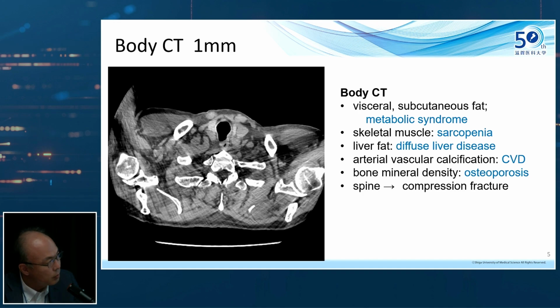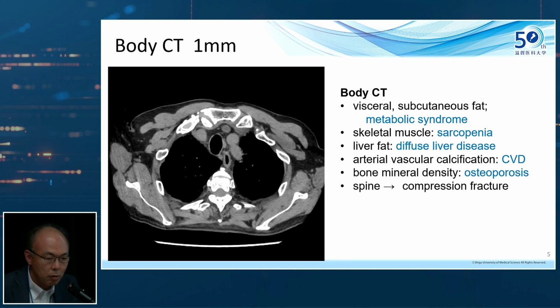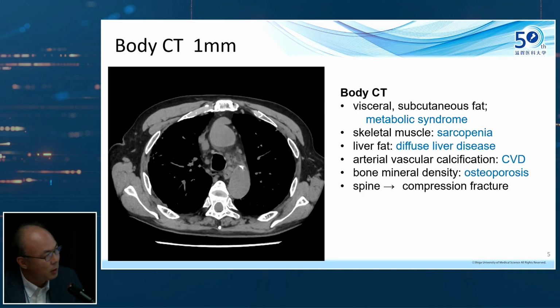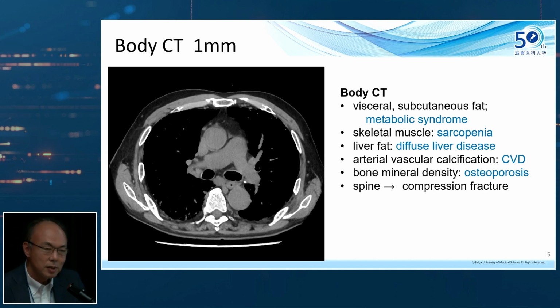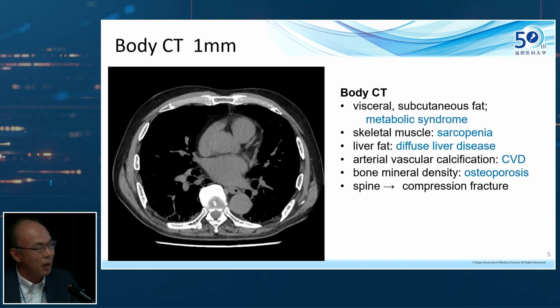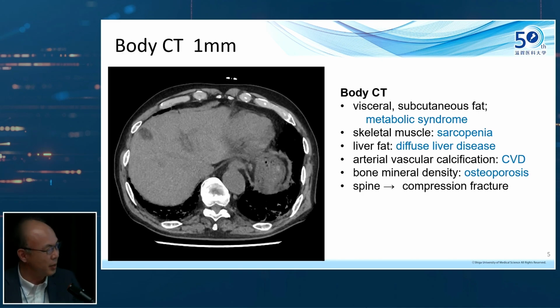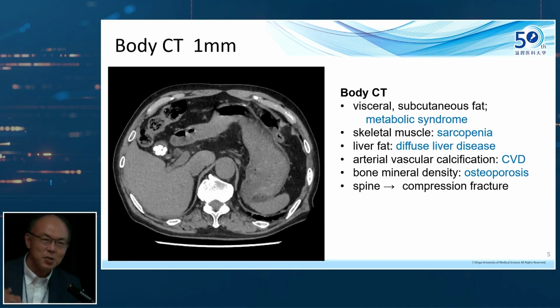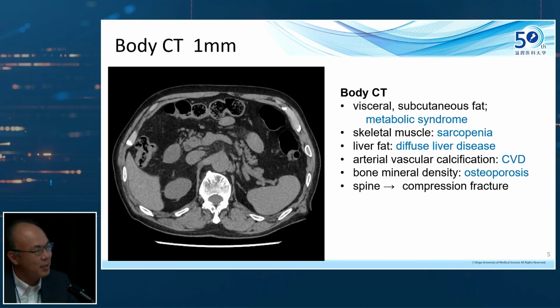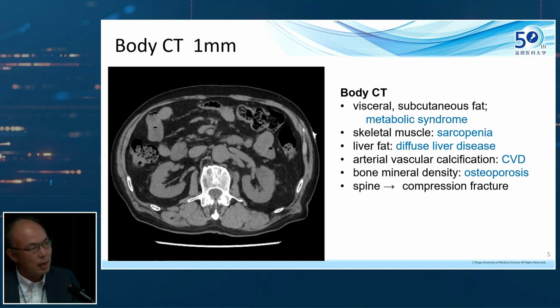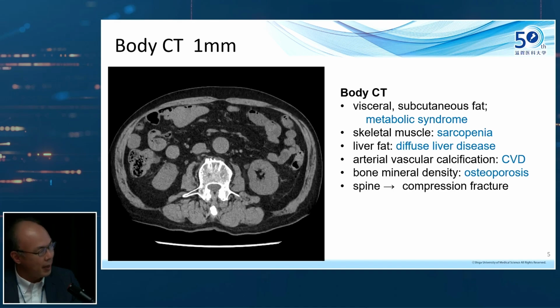This is the body CT of a patient with acute abdominal pain. In Japan, many cases of abdominal pain get a chest and abdominal CT, and we need to read the chest. In this case, we also check whether there is any cause of the pain.